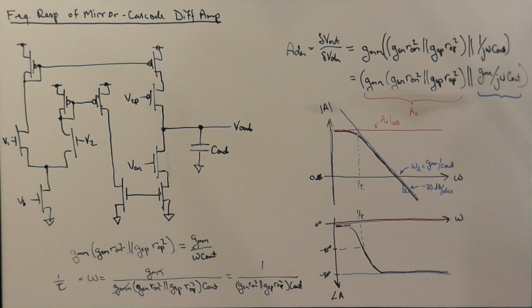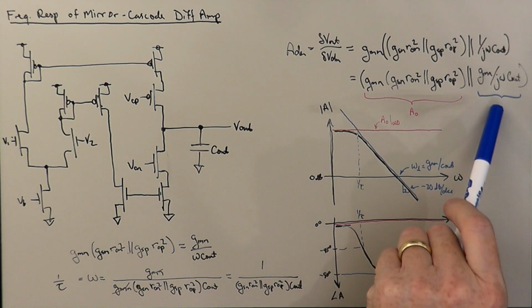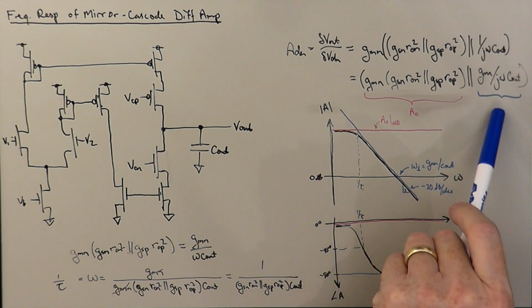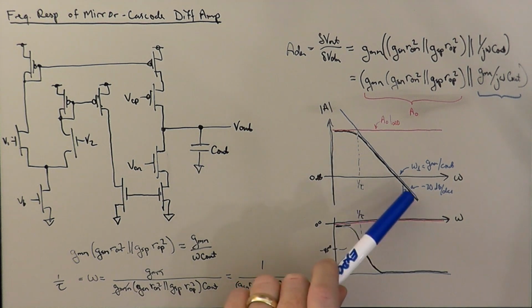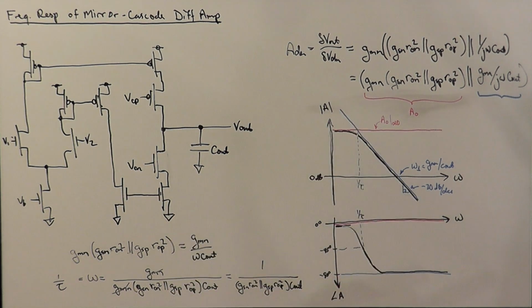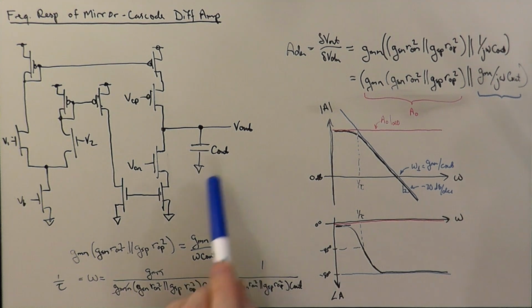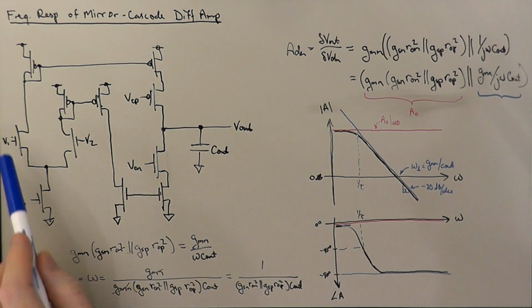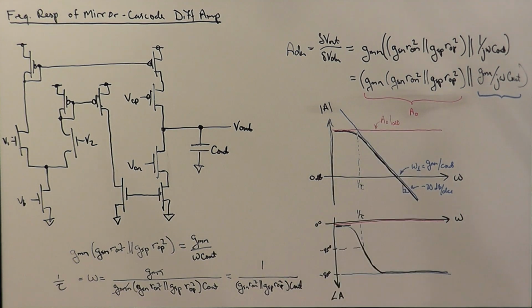And so this term, this blue term, would have been the same for the current mirror diff amp. And so this blue curve is basically invariant for this amplifier architecture given a particular value of Cout and a particular bias current, which is going to set the GM of the diff pair. That's going to set the GMN.